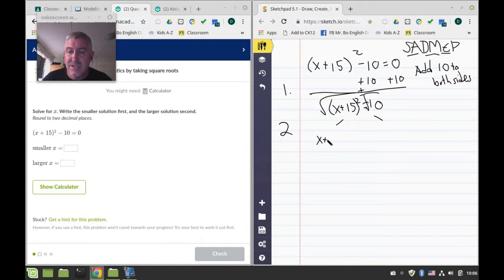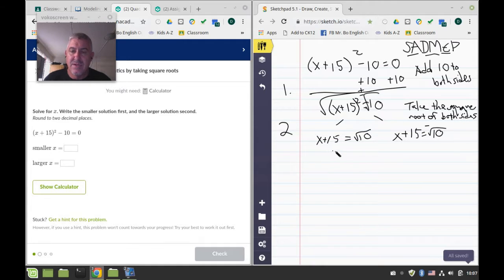I have x plus 15 is equal to square root of 10, or x plus 15 is equal to negative square root of 10. So our step 2 is take the square root of both sides.